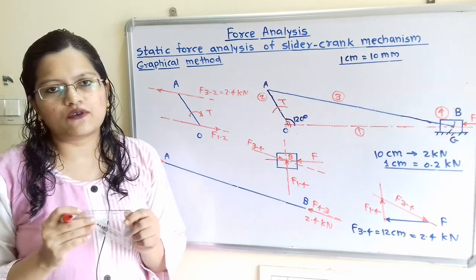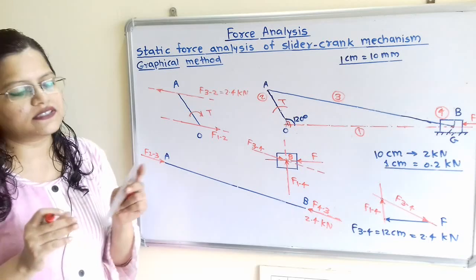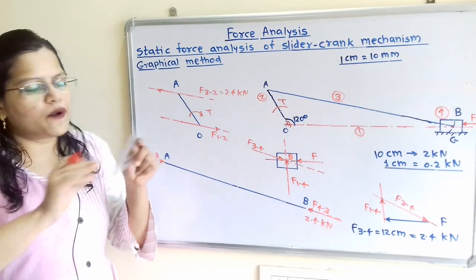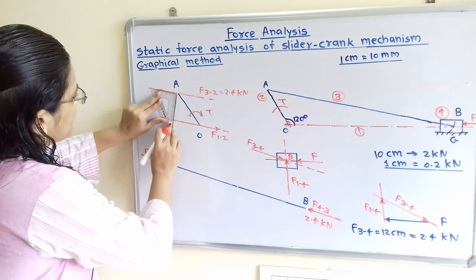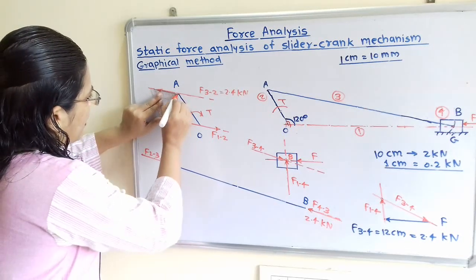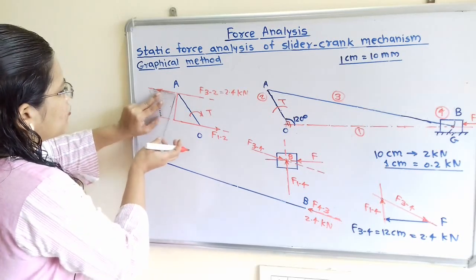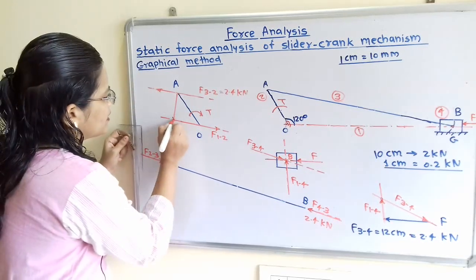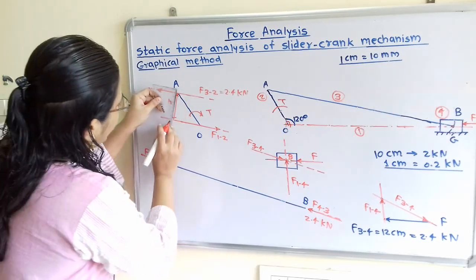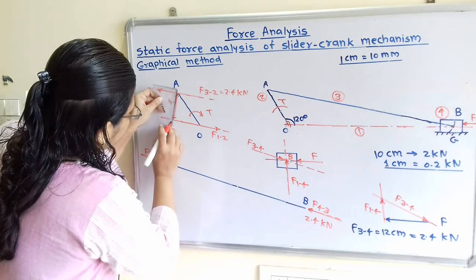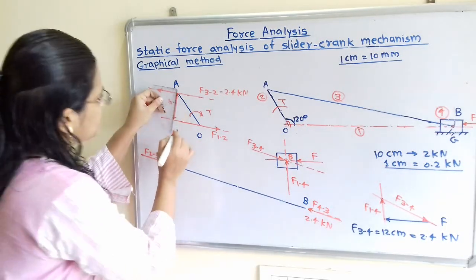So how to find that out? For that we first have to find the perpendicular distance between them. With the help of a protractor, I will align one edge with this line and draw here one perpendicular line. This is the perpendicular line, and now we have to measure this height h. This height h is equal to 7 centimeters.